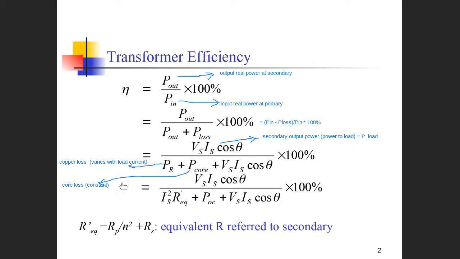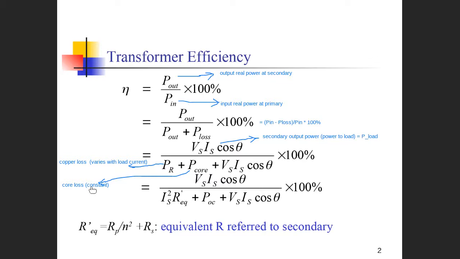So here I'll write down some words that can remind you, because most students may not pay attention to it. The copper losses vary with the loading current, depending on the internal resistance of the transformer and the loading current.